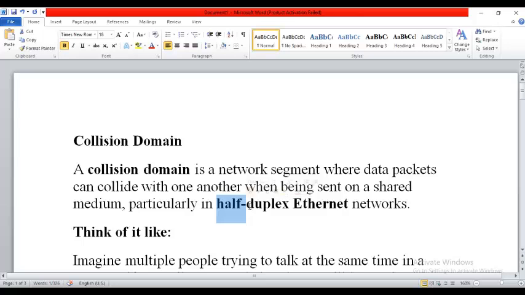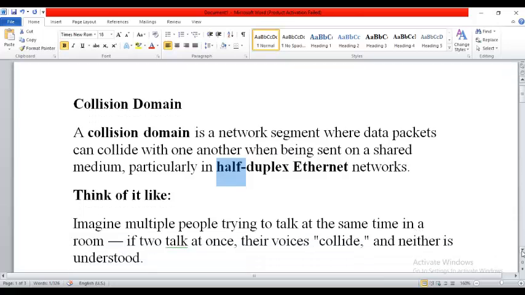There is no one coming in the opposite. That is how you see collision domain on the highway. So what do we understand from this three-line definition of collision domain? Collision control. That is what collision domain is. Now, let's go down and read further.